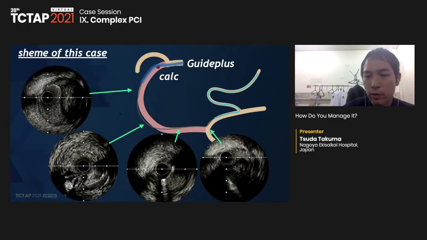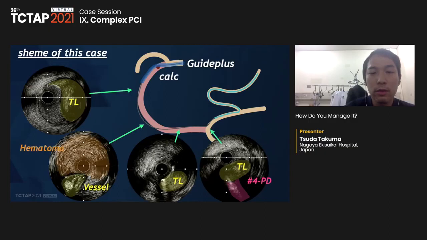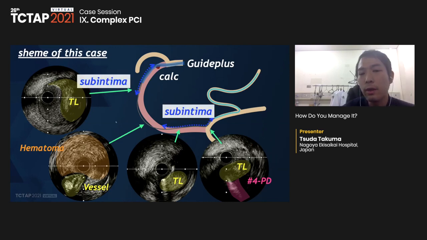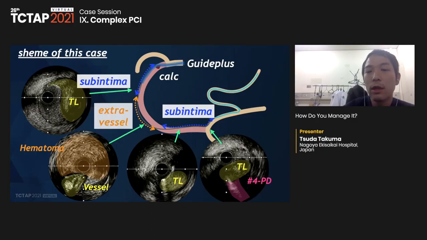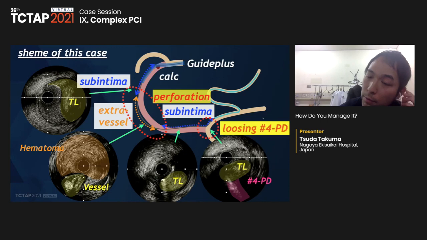So in this current situation, as shown in this slide, the retrograde wire shortcut the distal PDA-PL branch bifurcation. Furthermore, inside the CTO the guide wire exists outside the vessel. It means that if the stent was implanted with this guide wire position, there is a risk of perforation and losing the distal PL.